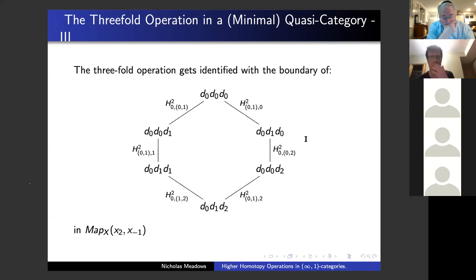We didn't do it in the exact same way, because every composite in a quasi-category is only defined up to homotopy, so it doesn't make sense to do that. But this does recover the operation that we defined before in the quasi-category world.